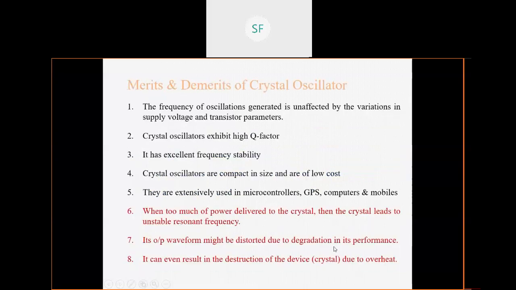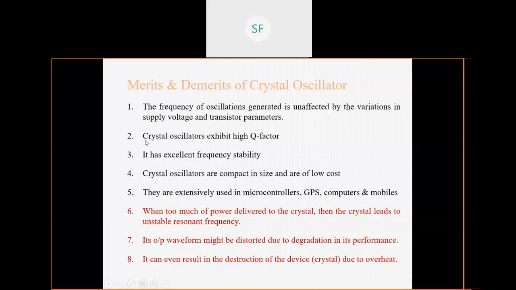And finally we ended our discussion regarding crystal oscillators by discussing the merits and demerits of the crystal oscillator. I have told you why we are going for the crystal oscillator: because RC oscillators and LC oscillators have stability issues, but a crystal oscillator will give you stable oscillations.